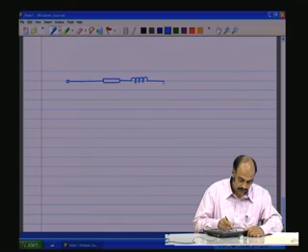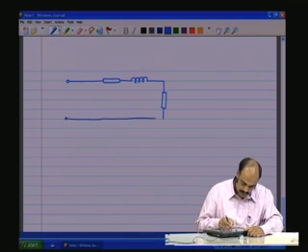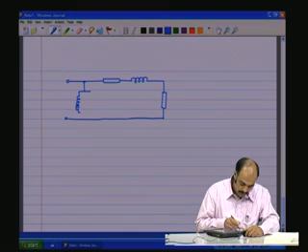and we have that. So we have the magnetizing reactance, core loss component RC.